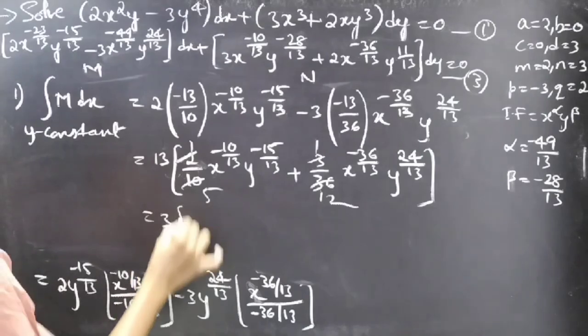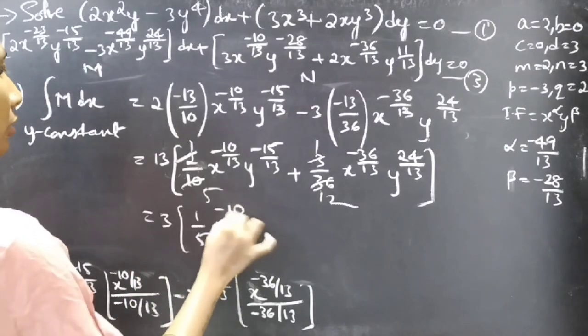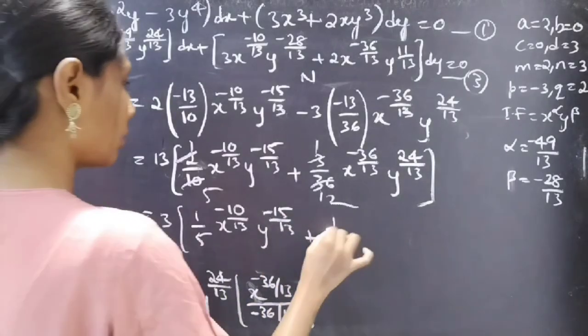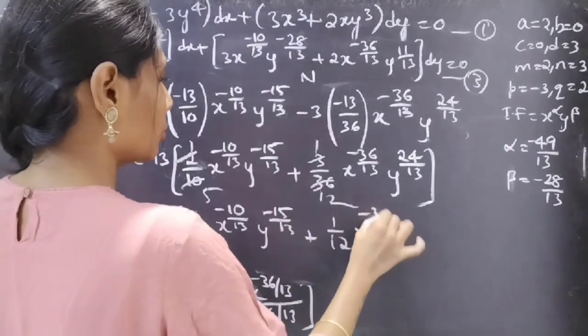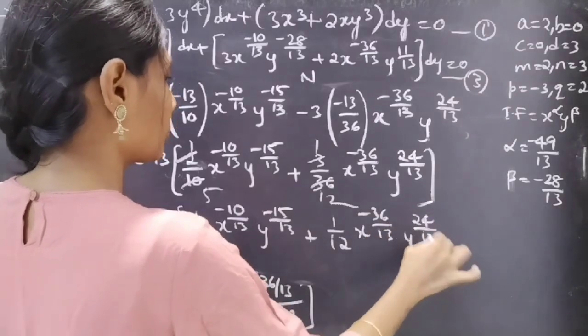This gives us 13 into 1 by 5 into x power minus 10 by 13 y power minus 15 by 13 plus 1 by 12 into x power minus 36 by 13 y power 24 by 13.